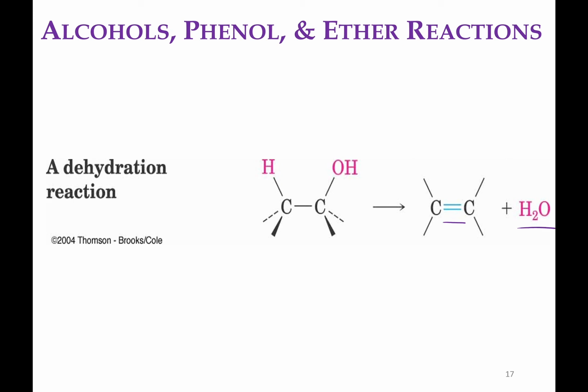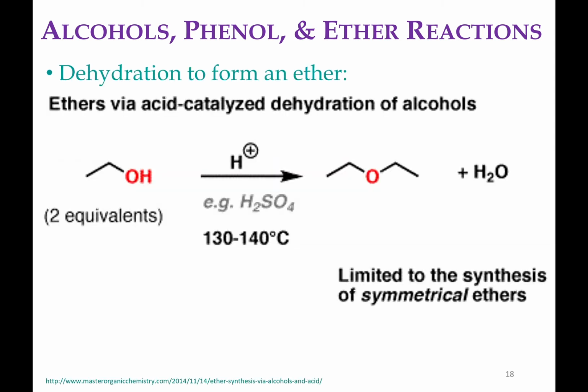Usually, these are done via acid catalyzed reactions. Now, we want to dehydrate to form an ether as a product instead of an alkene. We have to be very careful how we do this.